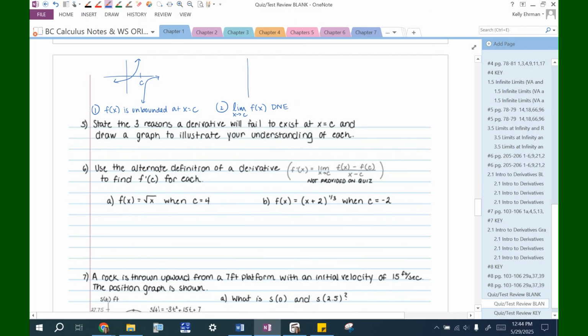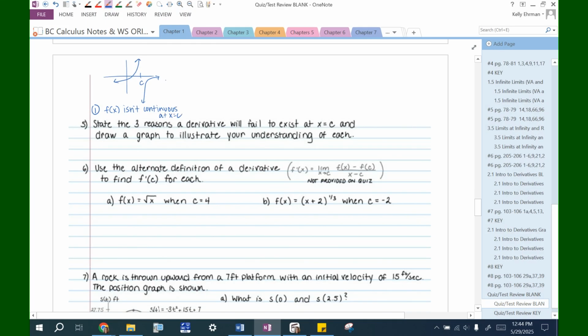So that would probably be because the left doesn't match the right here. So we could say if there's like a, actually, no, I'm sorry. Let me generalize this more. Sorry, I'm in limit mode. How about f of x isn't continuous, because that catches everything, at x equals c.